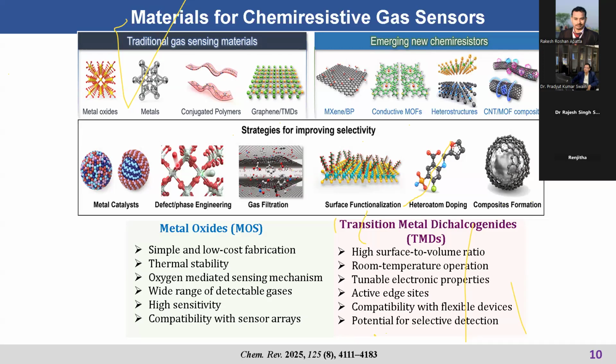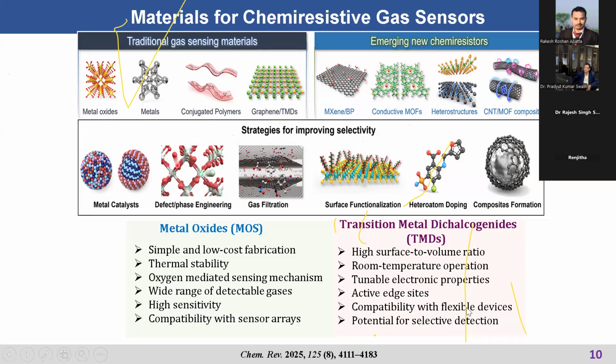Similarly, the TMDs, on the other hand, have a very high surface. The TMDs are nothing but 2D materials. I will be telling you some basics of it as and when it comes. It's a 2D material having a very high surface to volume ratio. It can work at room temperature. It can have tunable electronic properties. You can tune these electronic properties by modifying the surface structure easily.